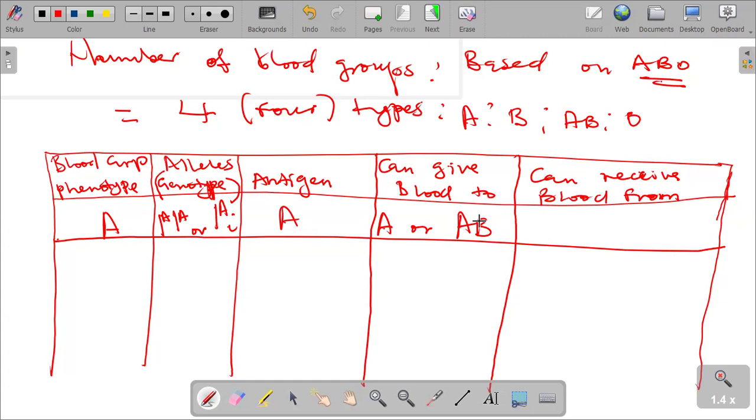And then he can as well receive blood from where?